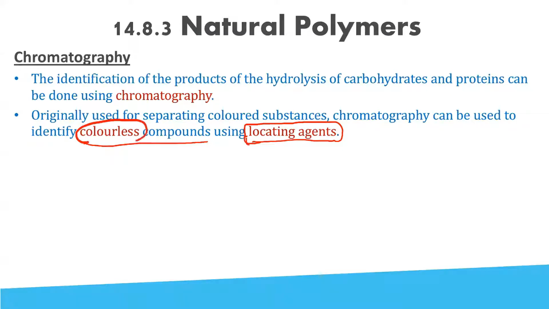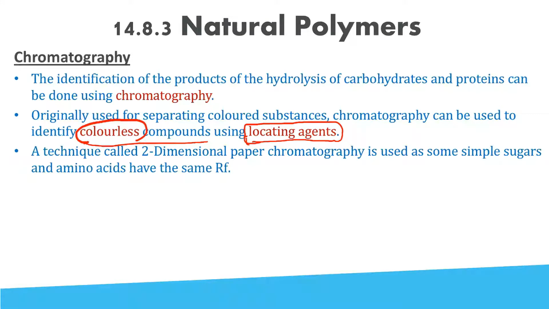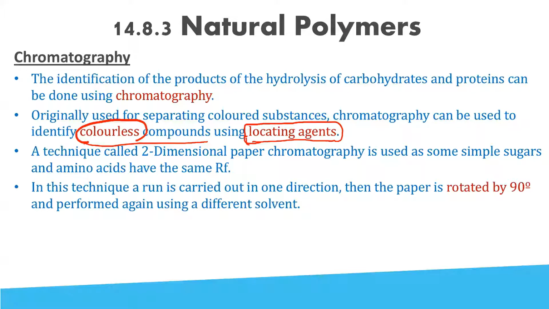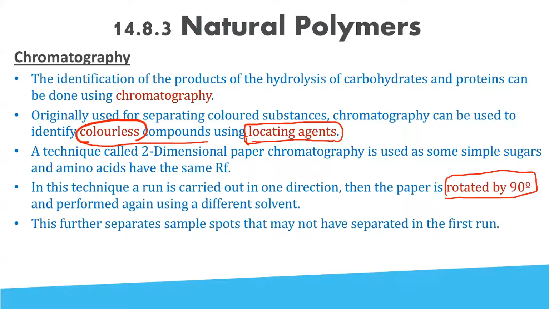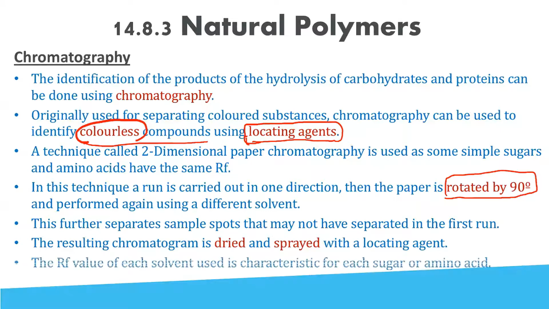That's why it's called a locating agent. So chromatogram paper is used just like simple chromatography, but the only difference is that during the chromatography, it is rotated by 90 degrees and done twice. So I will show you.